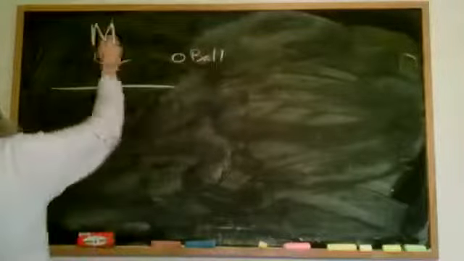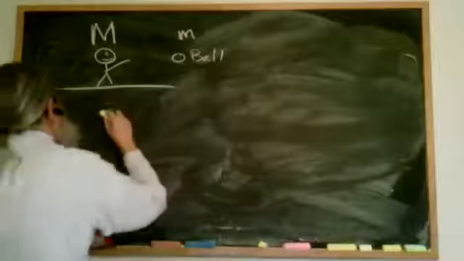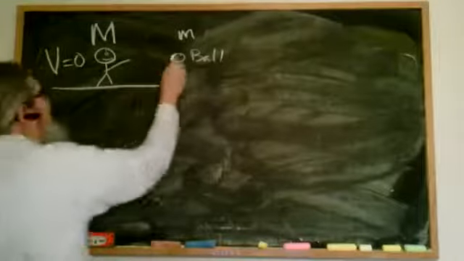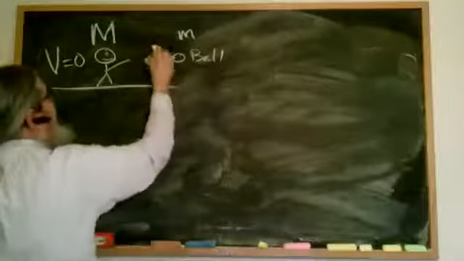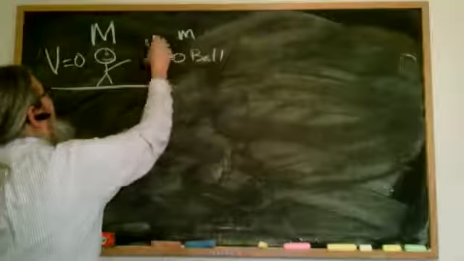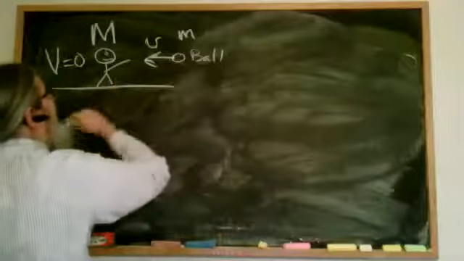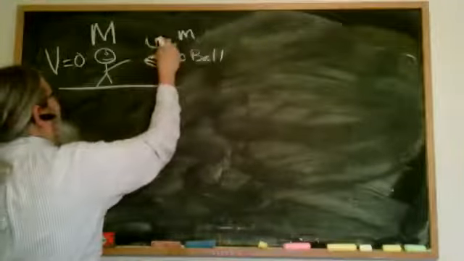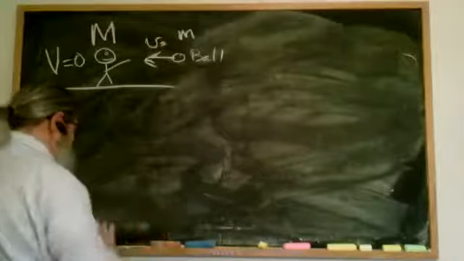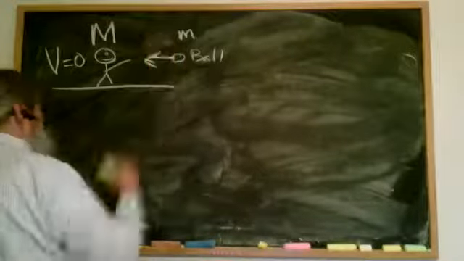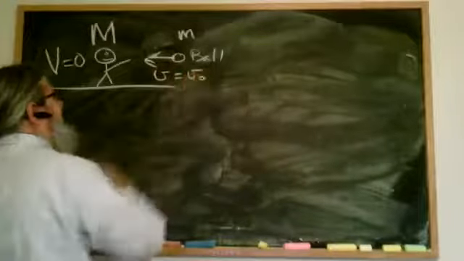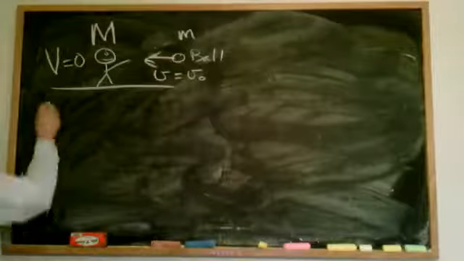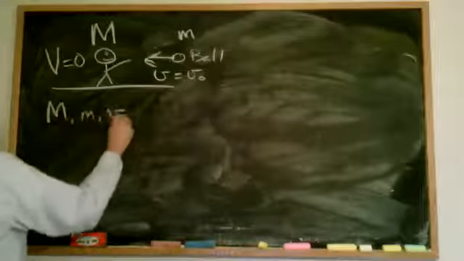The person's mass is big M, and the ball's mass is little m, and the initial velocity of the person is v equals 0. Another ball is coming in with a velocity little v, which I'll define as v0. So big M, little m, v0 are given.